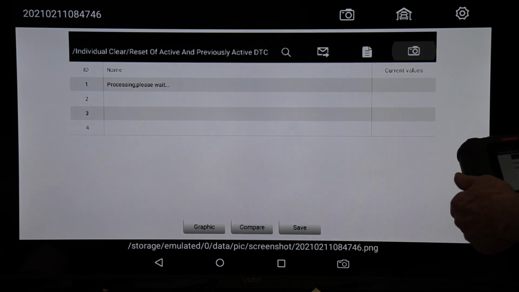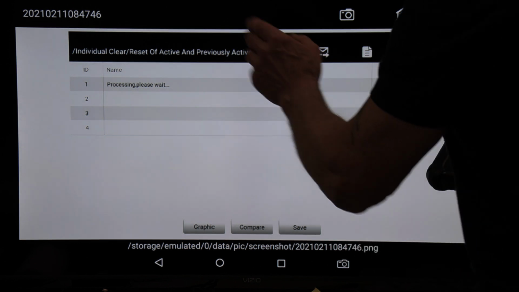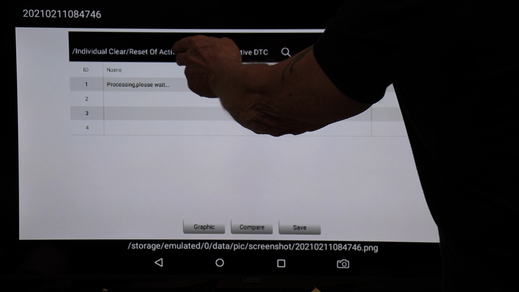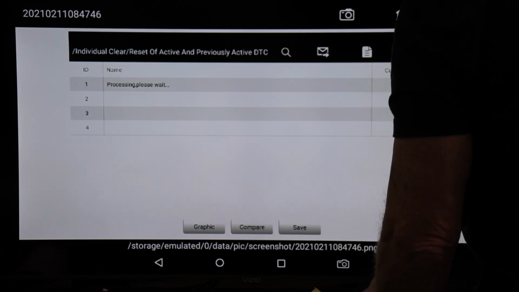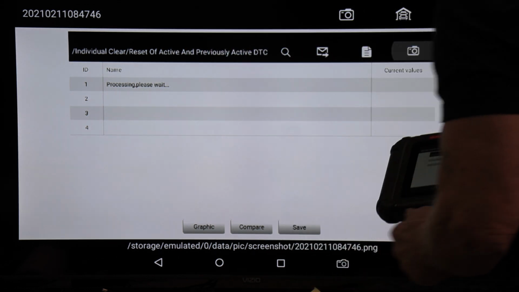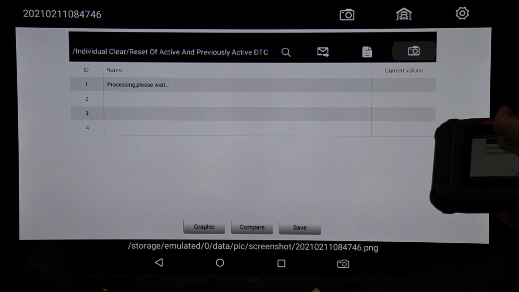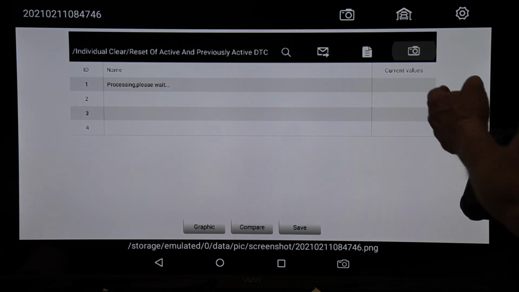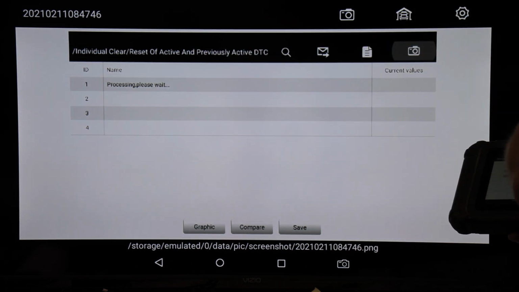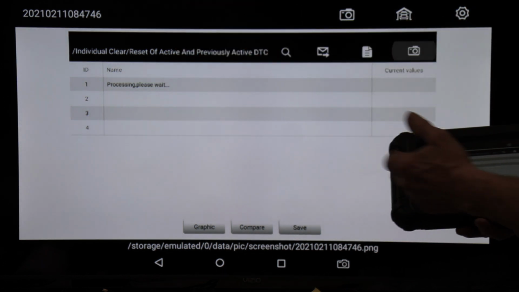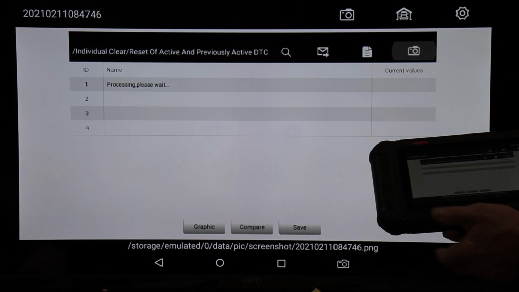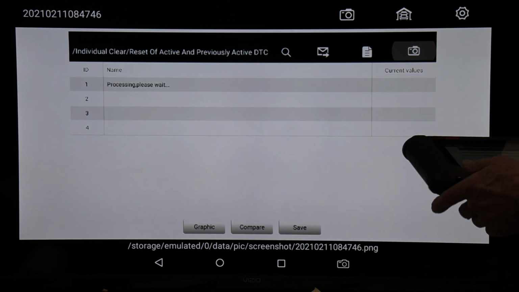So what I did was I hit a button, reset of active and previously active DTCs. Right now, of course, I didn't go through the process portion of it, but what it's doing is looking for a whole huge history of any activity pertaining to codes.